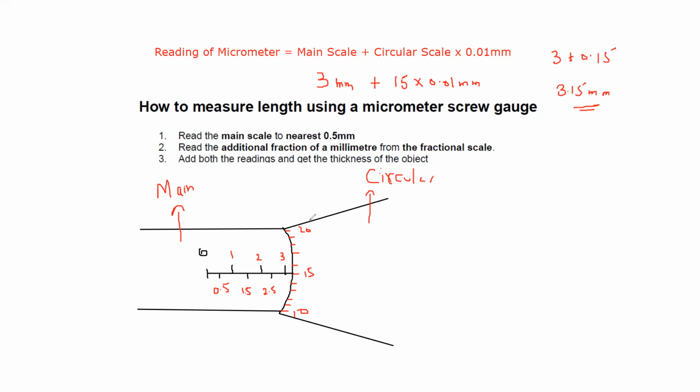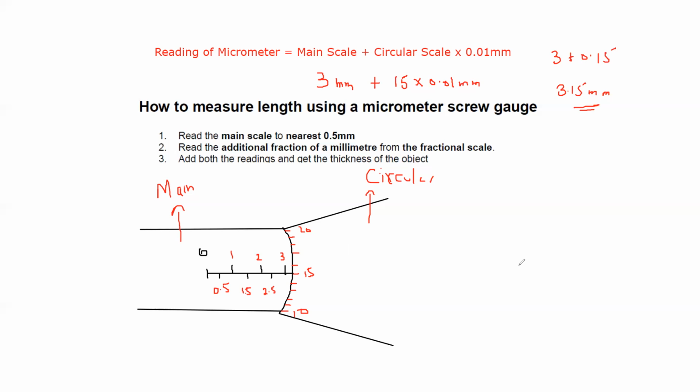So if they ask what the reading is, this is how you will determine it. It should be 3.5, because after 3. But the main scale reading is always the line which is visible, because I cannot see 3.5, so it cannot be 3.5. It is more than 3 and less than 3.5, so it is between them. You got it? Okay, sir.